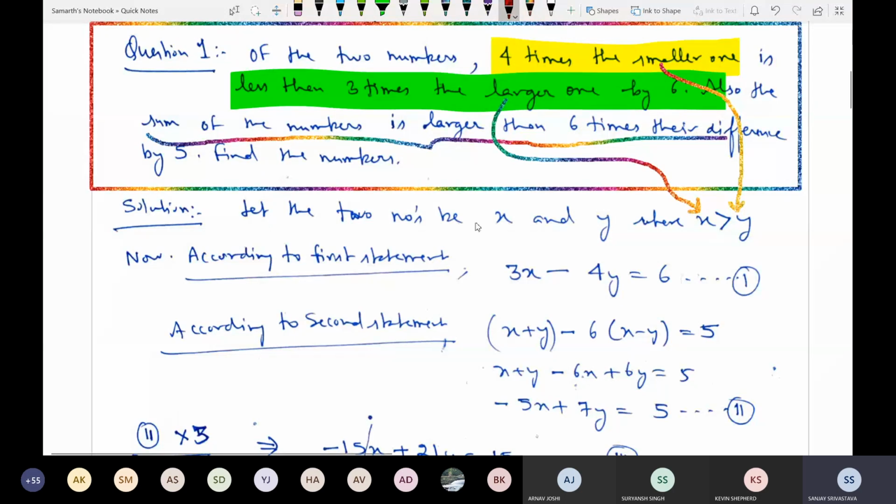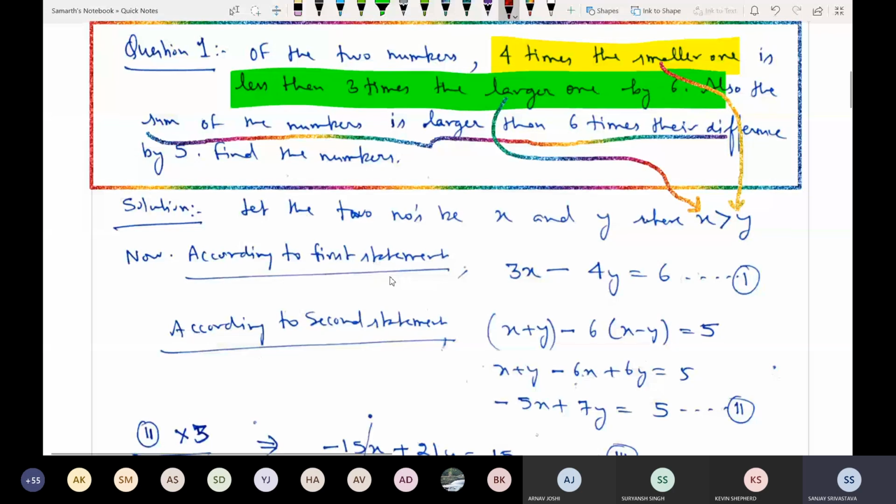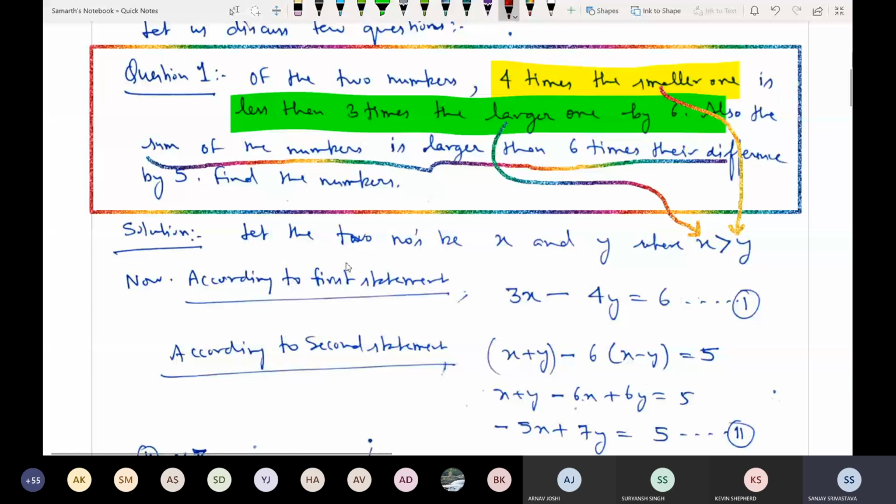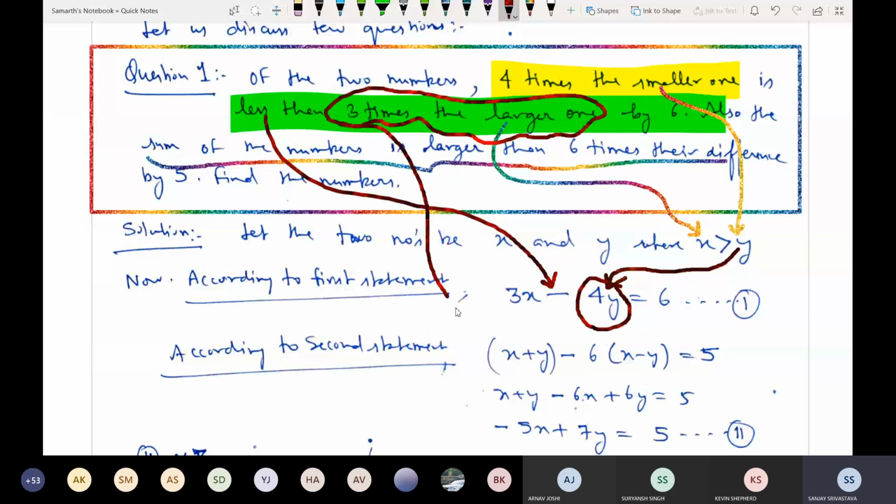According to the first statement, 4 times the smaller one, that means 4y, is less than, so I have written a minus sign before 4y, 3 times the larger one. 3 times means 3 into the larger one, which is x. So 3x minus 4y is equal to 6. Have you understood how I have framed this equation?